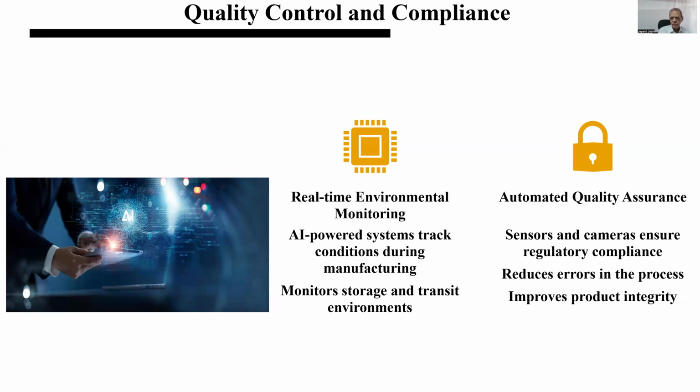And second is automated quality assurance. Your sensors and cameras will ensure that all regulatory requirements and compliance are satisfied with the desired documentation, which is very important. What we have observed is that a huge amount of time of the operating people at analyst level or manufacturing level is spent on maintaining this documentation.